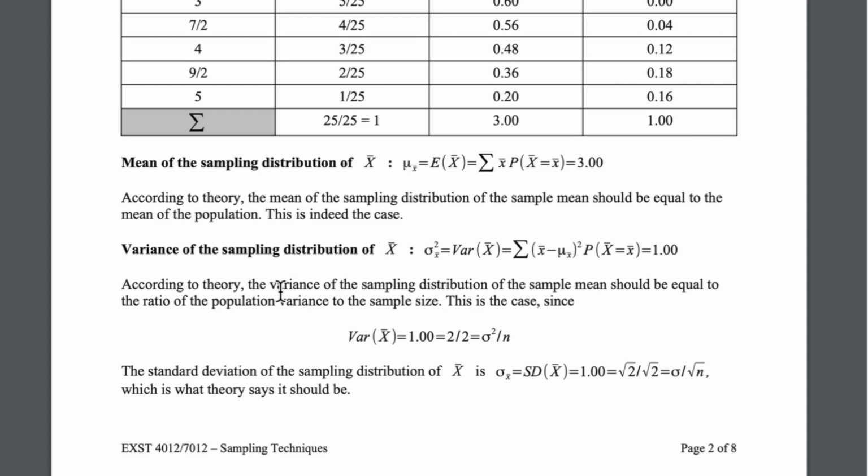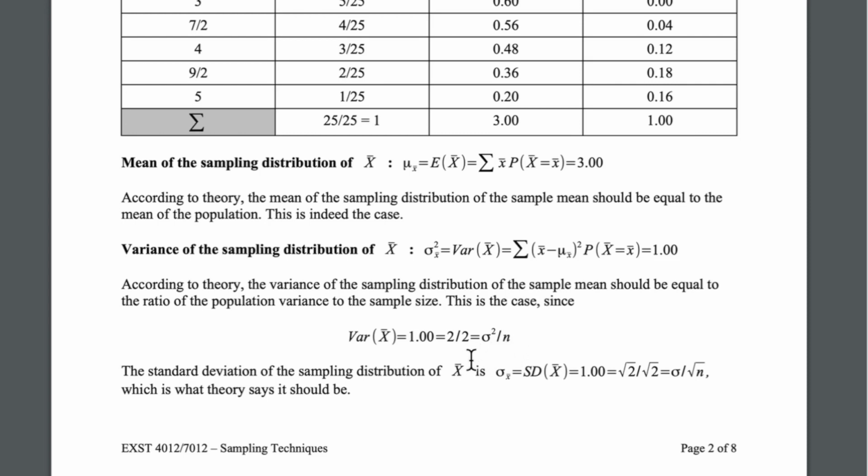According to the theory, it should be equal to the ratio of the population variance, the variance of the population we're sampling from, divided by the sample size. In other words, it will be equal to sigma squared over n.